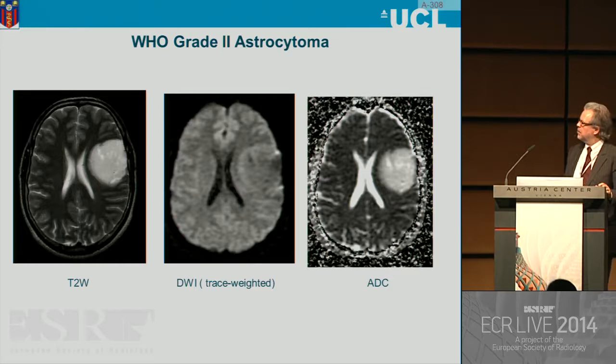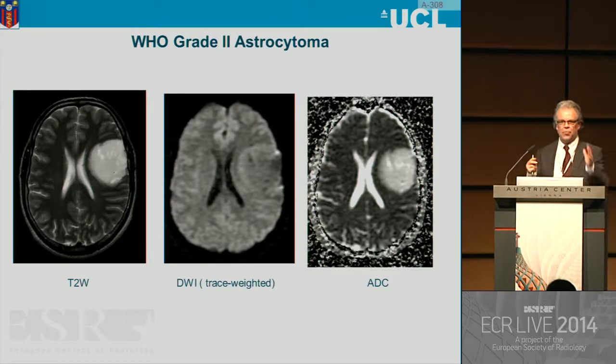This is because the T2 should make it bright, and the increased water diffusion, which you show on the ADC map, should make it dark, and then one goes up, the other goes down, so it's zero, and that's called T2 masking. So the message is here, never ever look only at the diffusion-weighted image, look always in combination with the ADC map. You can see that this gives you the true information about the diffusion.